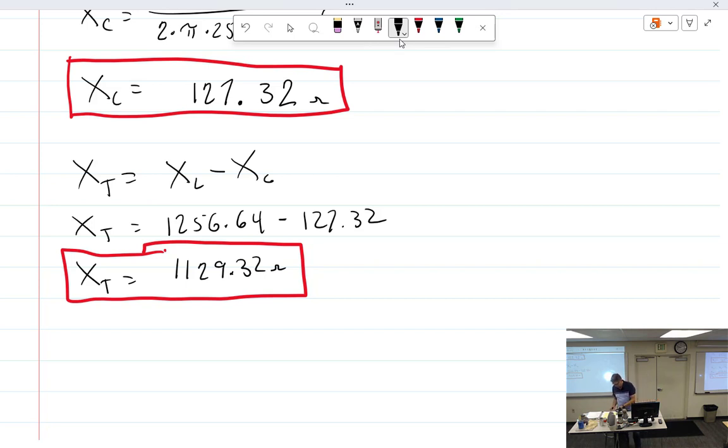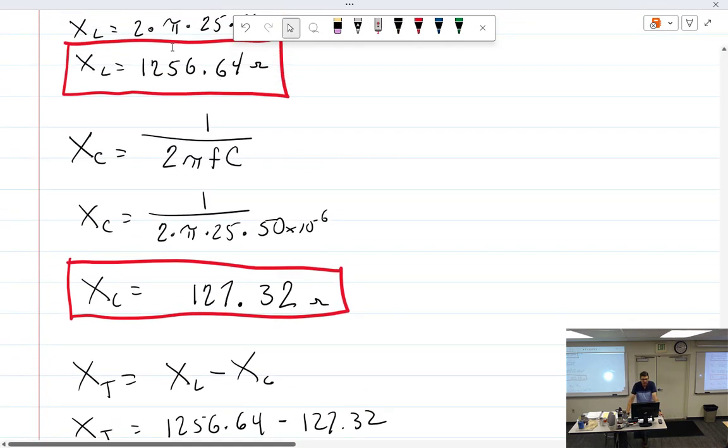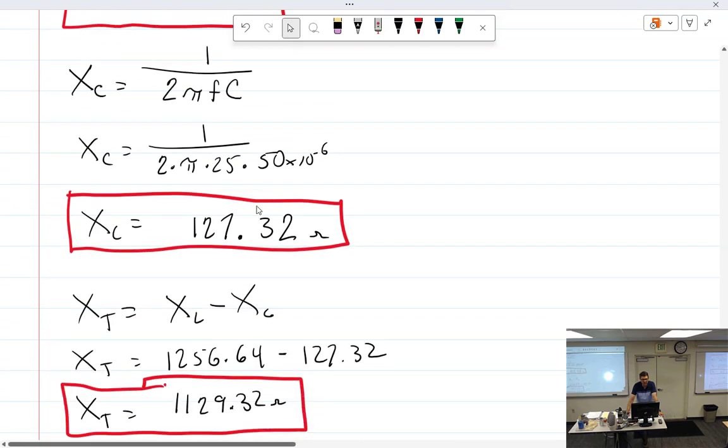So that tells us that it's more inductive. Back here, we look at these two. It's more inductive. 1256 is bigger than 127.